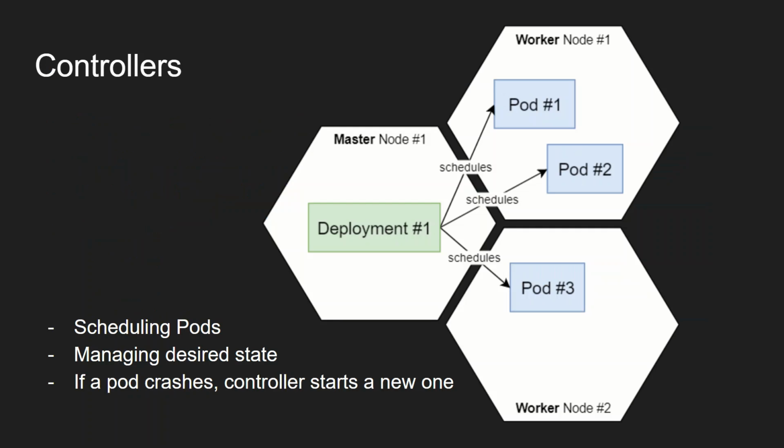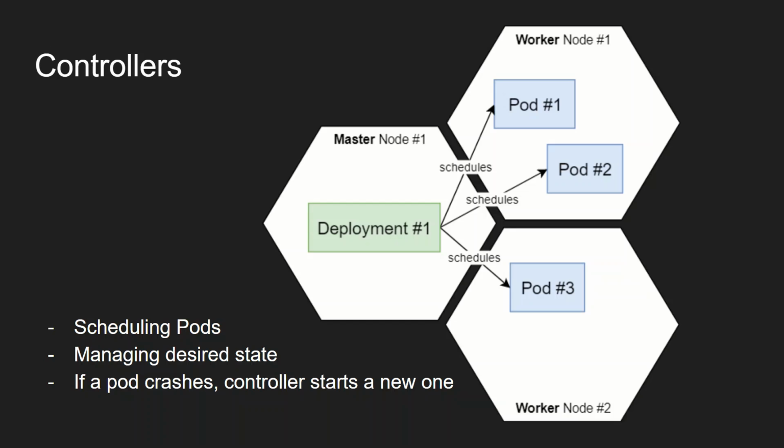Now, we have pods, but when we are destroying the pods, we have to have something which is responsible for rescheduling them. So something which is responsible that at all times we are running some amount of pods. And these things are called controllers.